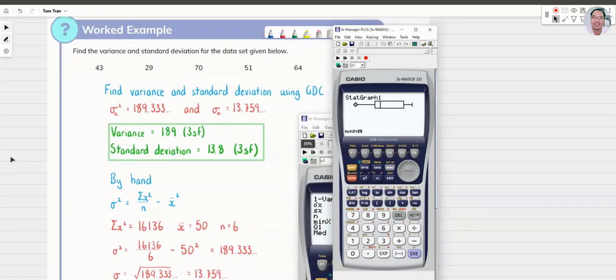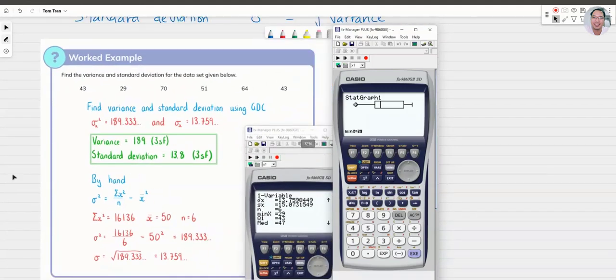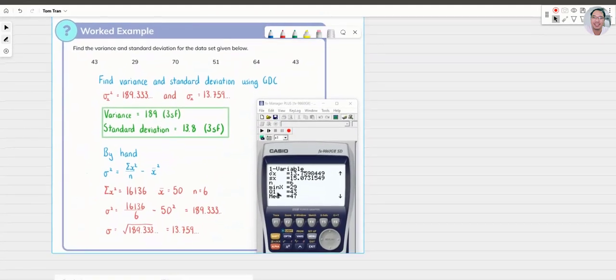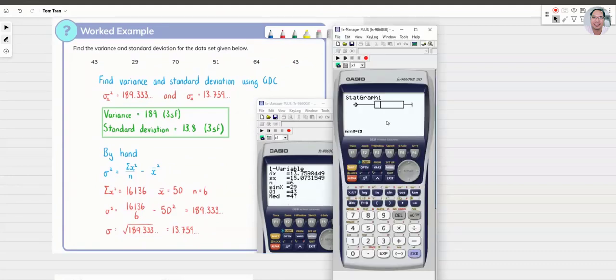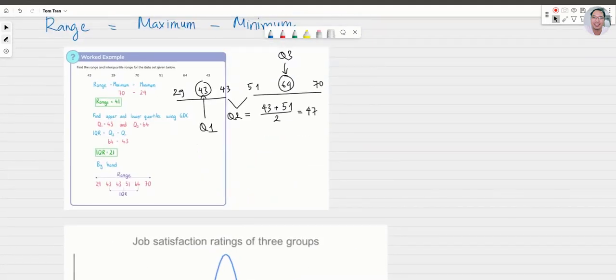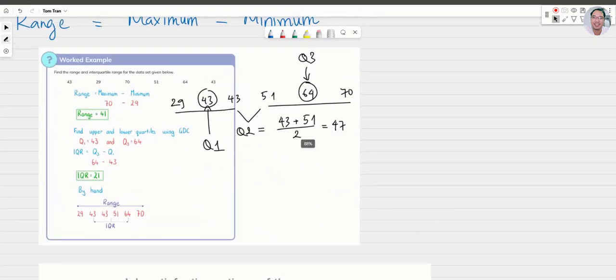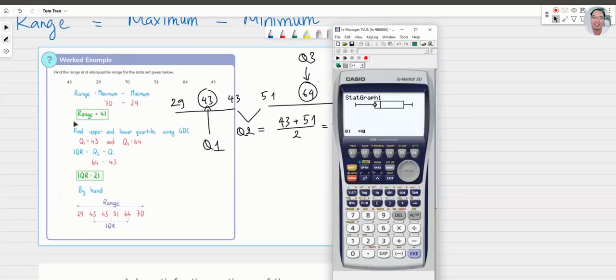Where's the minimum? Anyway, it will be the same as the normal calculation. Minimum 29, lower quartile 43.